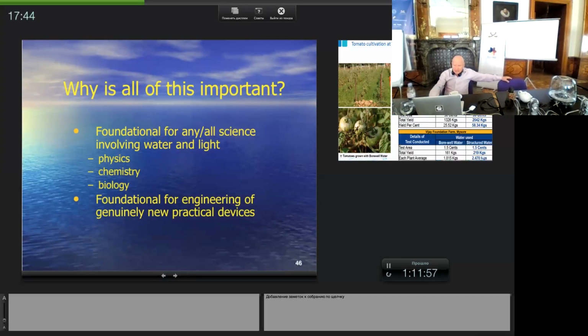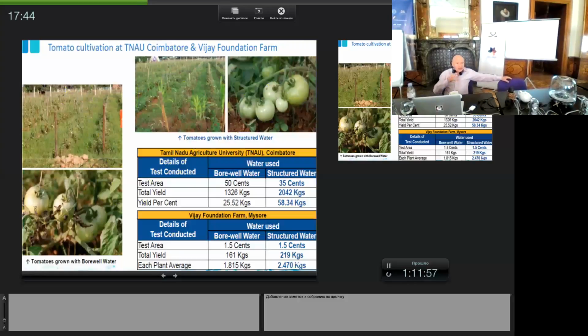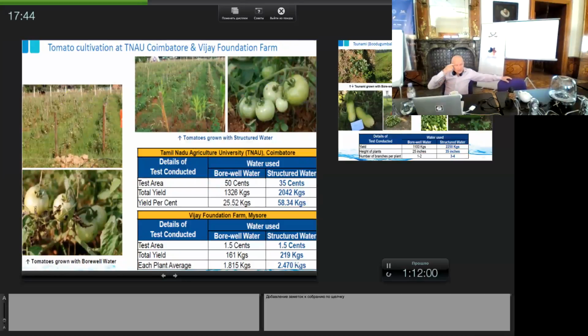There is one company in the United States, they produce a device, and it looks like a tube, a metal tube, and they had many experiments in India. It's not really experiments. There are big fields in India where people grow some vegetation, and they just give them this device, and people water their plants with structured water and with ordinary water.